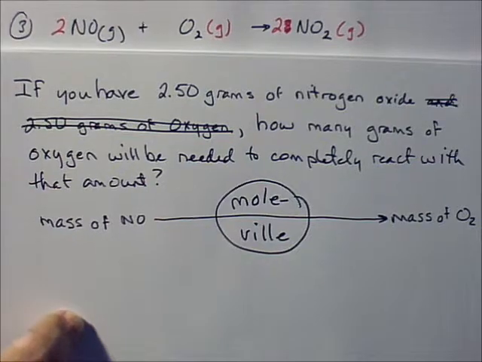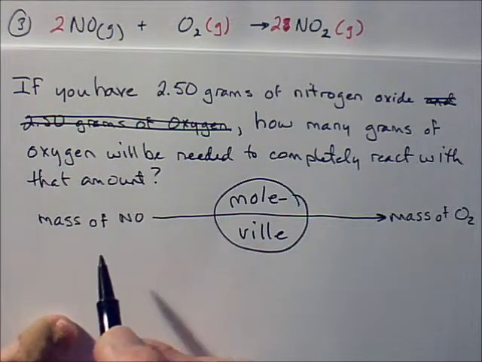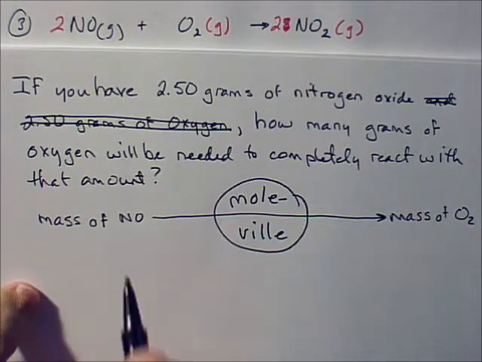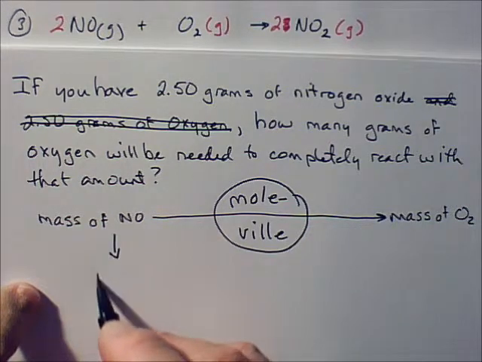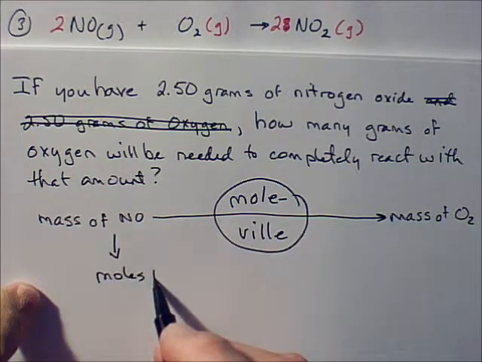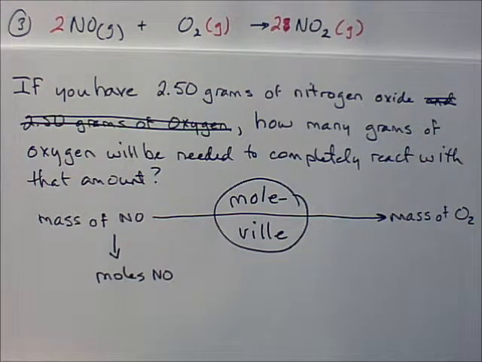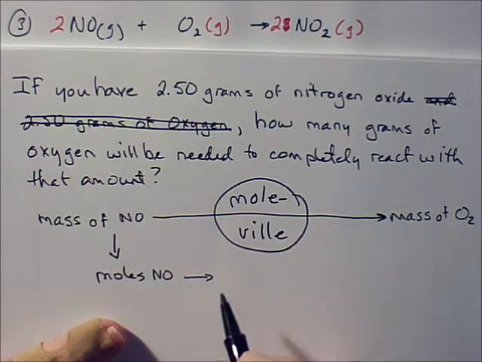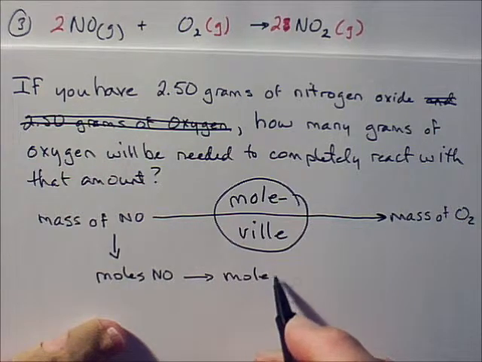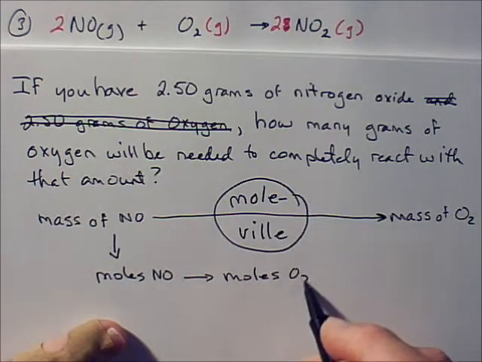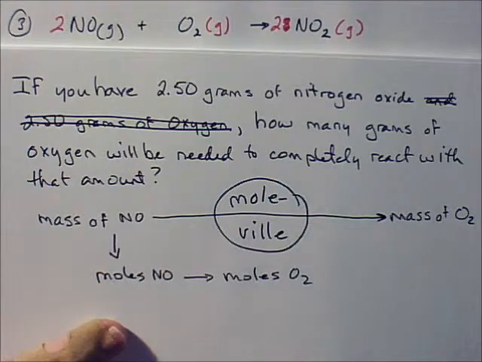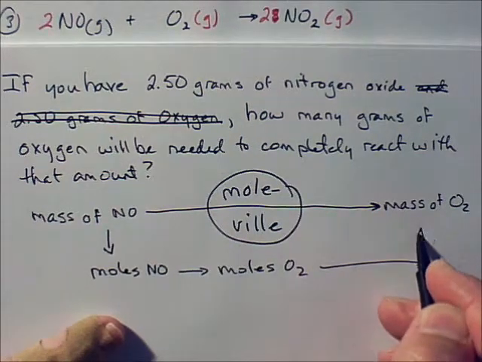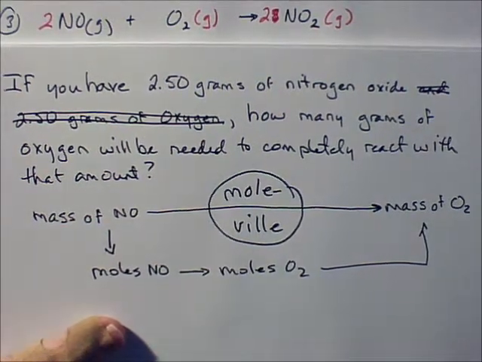So what we're going to have to do here is convert the mass of NO. Going to convert it first to moles of NO. Then from moles of NO, we're going to convert to moles of O2. And then from moles of O2, we're going to convert to the mass of O2.